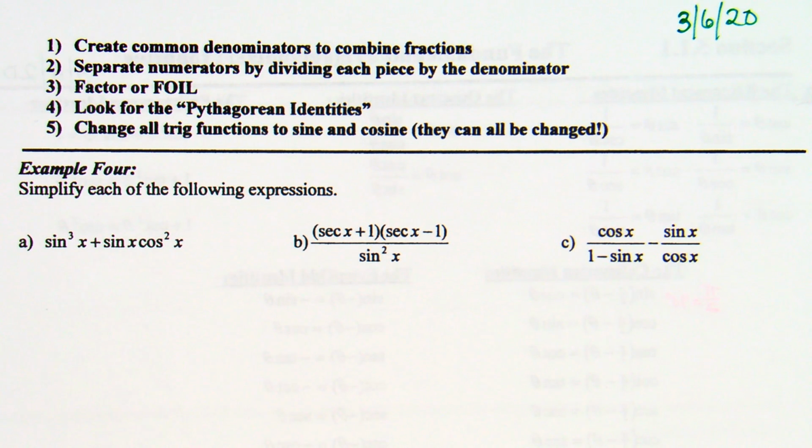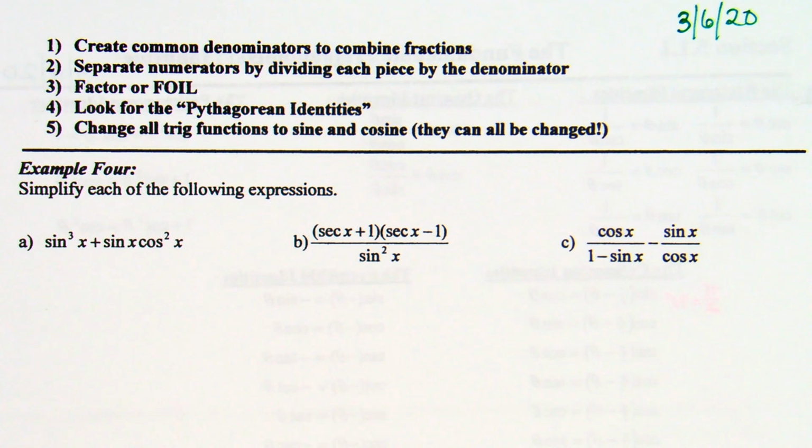You may not have thought about this, but every single trig function can be expressed in some combination of sine and cosine. Tangent, cotangent, secant, cosecant, they can all become some variation of sine and cosine. If you have everything in terms of sine and cosine, it might make the process easier. So these are the ideas we're going to use to simplify.